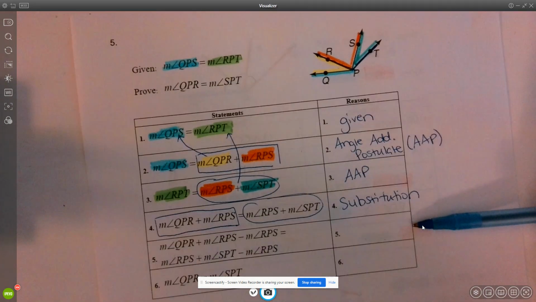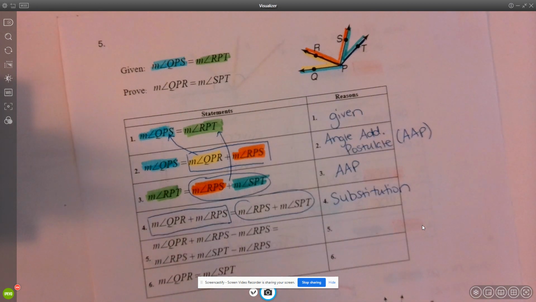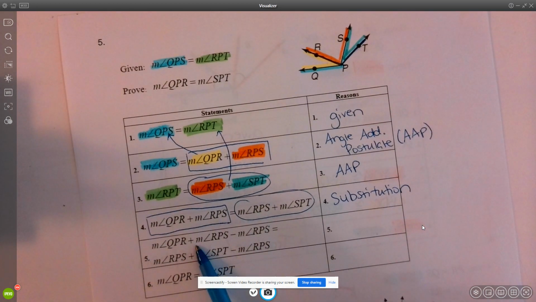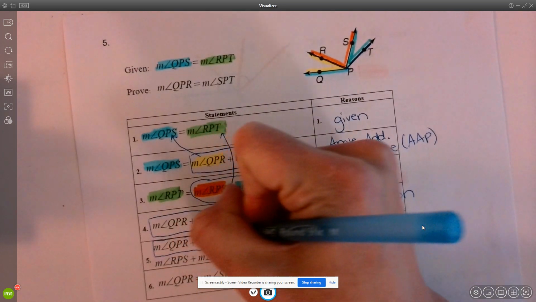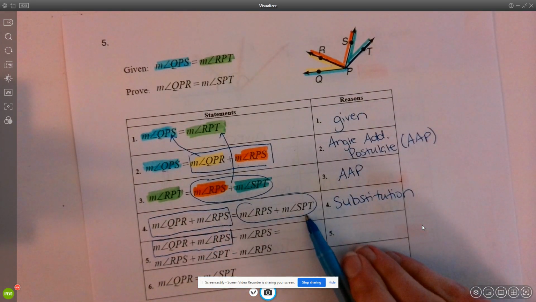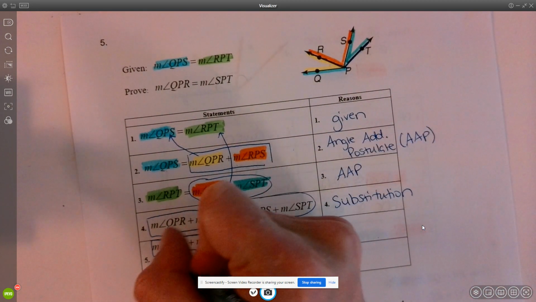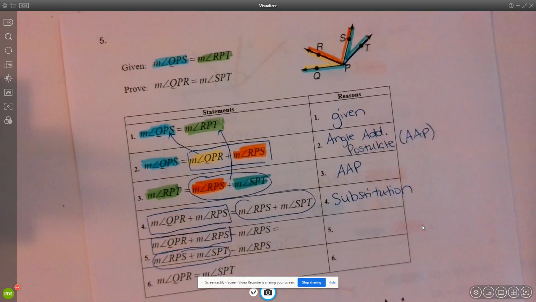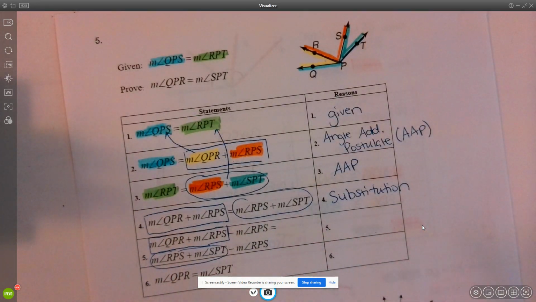Moving on to statement 5. This is a long equation. I want to kind of figure out what's going on. I notice that from equation 4 to 5, there's stuff that's the same. I've got this measure of angle QPR plus measure of angle RPS still there. And I have this piece on this side. So I got to think what's happening on each side of the equal sign.